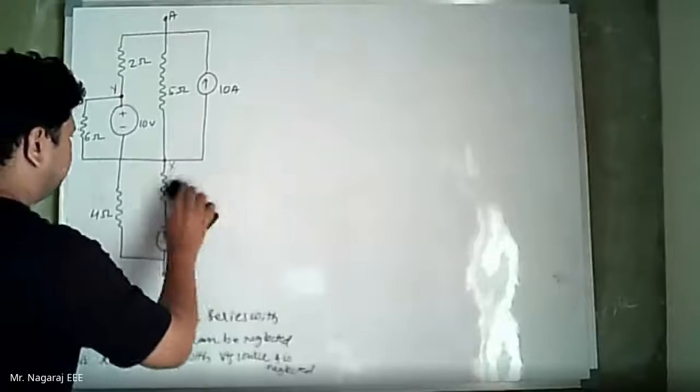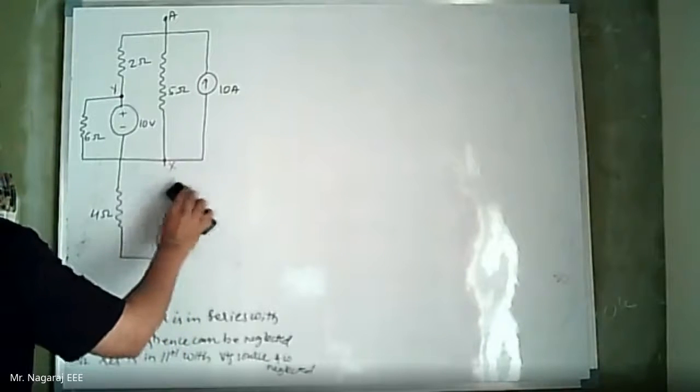Yes, now it is convenient. There is a current source in parallel to 4 ohms, a voltage source in series, and a current source in parallel to 5 ohms. I want the equivalent voltage source between A and B.